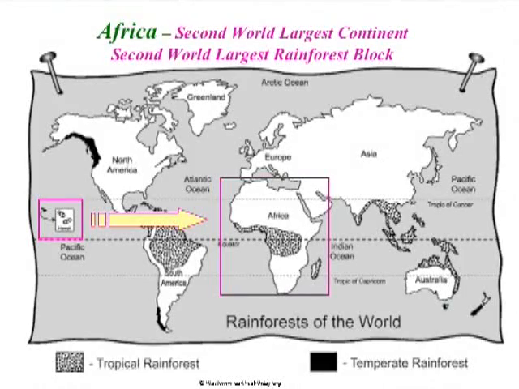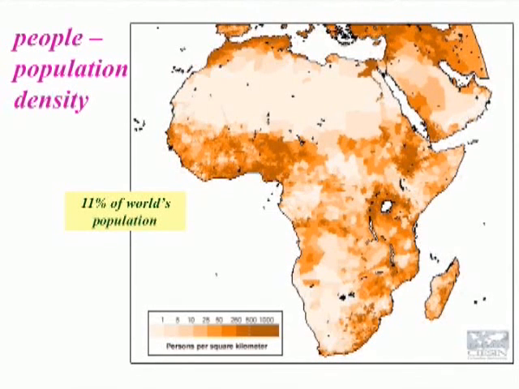So coming back to the talk itself, we are in Hawaii. As you can see in that slide, I'm showing where we are now in Hawaii, and we'll be talking about Africa, which is the second largest continent in the world and also has the second largest rainforest block. When you take the continent of Africa and look at the demography, you'll see that the population is not evenly distributed on that continent.